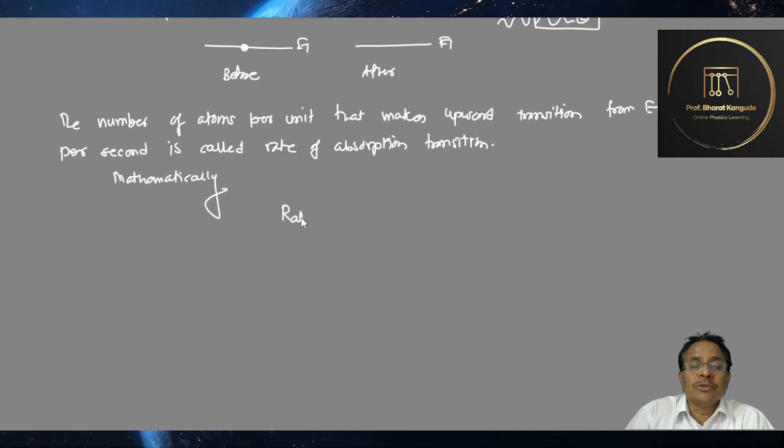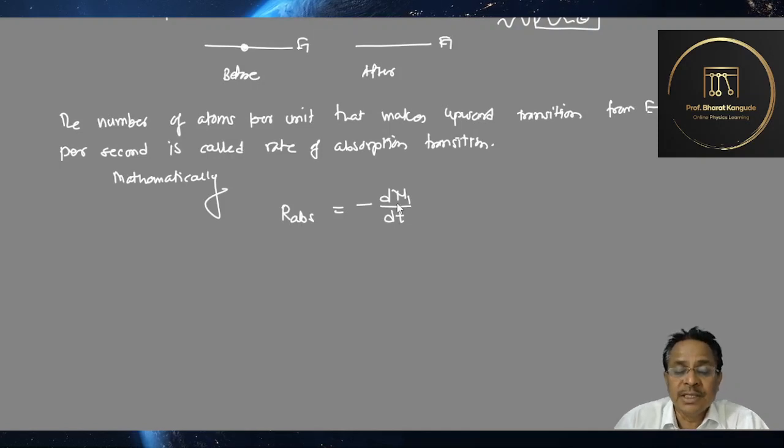R absorption. I am using the word ABS for absorption. This rate of absorption is minus dN1 divided by dt, because N1 is the number of atoms in the ground state, that is, the population of the ground state atoms.